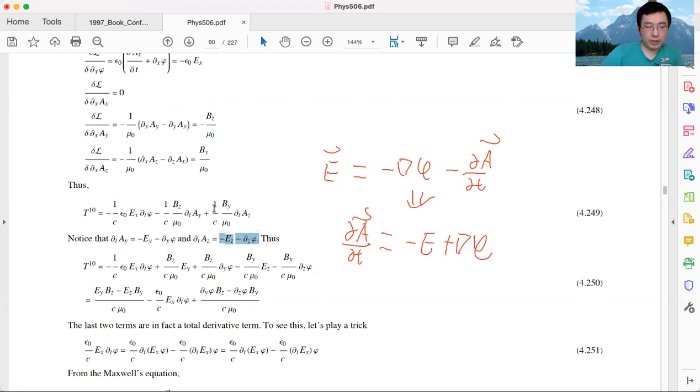So what we have is the time derivative of the vector potential, and I can replace the time derivative of the vector potential by minus the electric field, minus the gradient of phi. You replace the z component with minus the E z component minus the gradient of phi z component. So this is the definition of the E field. If we replace these two time derivatives with these guys and plug them into the formula, we get this formula.